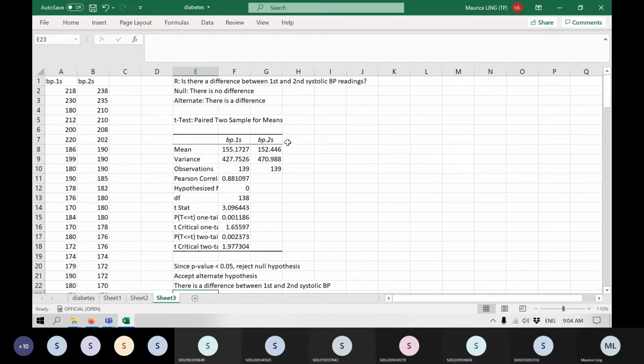Actually, how does a paired t-test work? For a paired t-test, you create another column called difference. Difference is one minus the other.